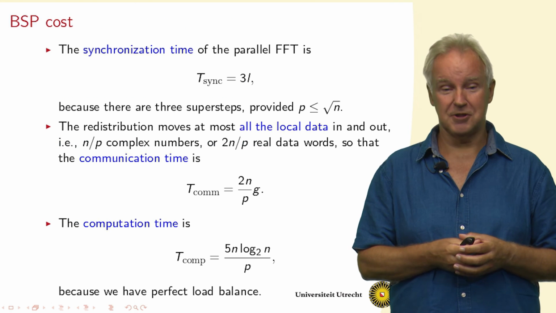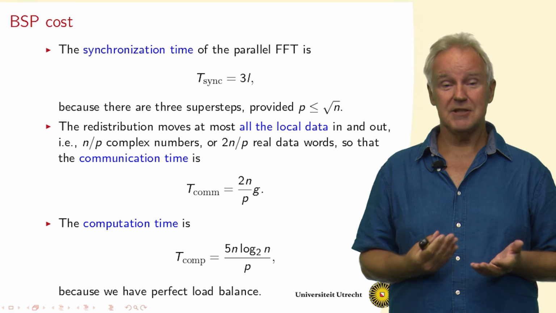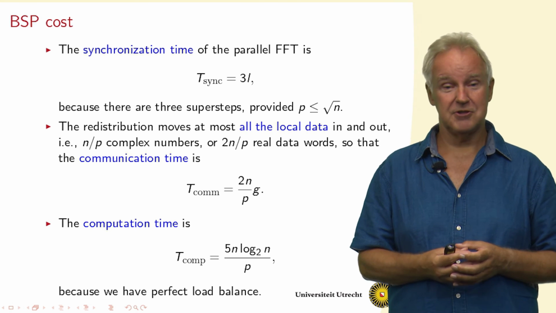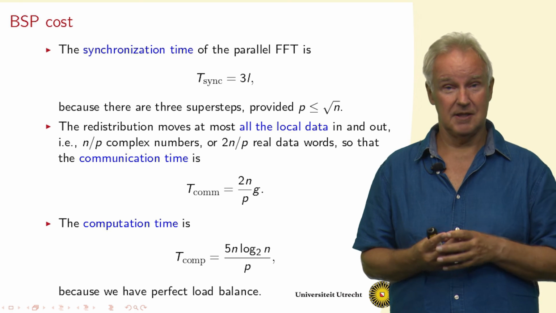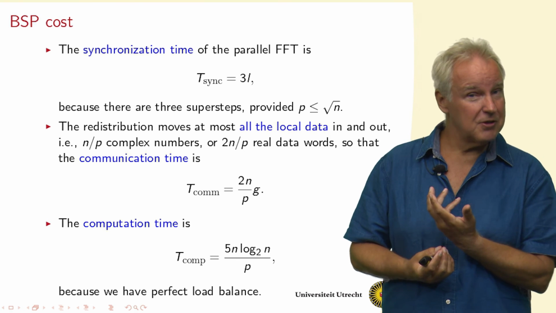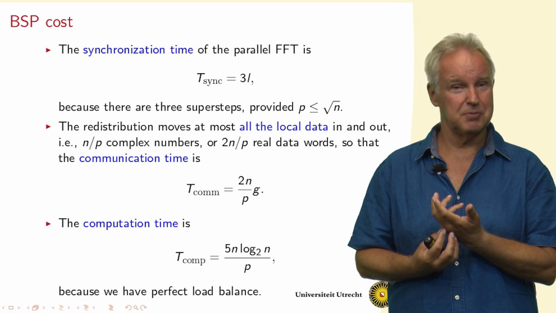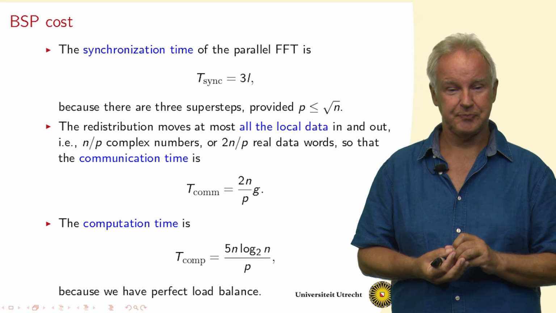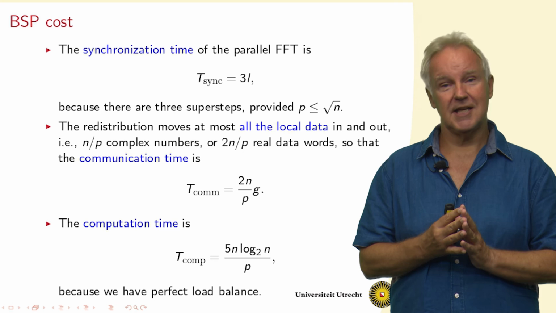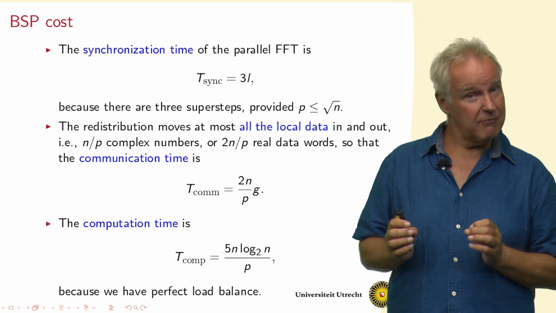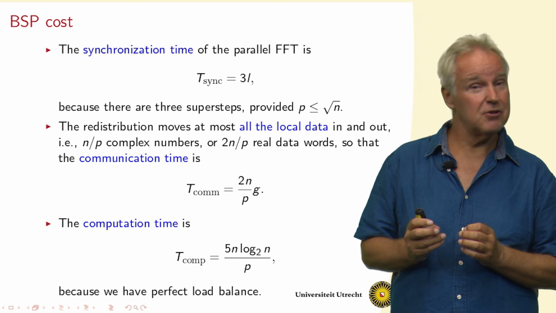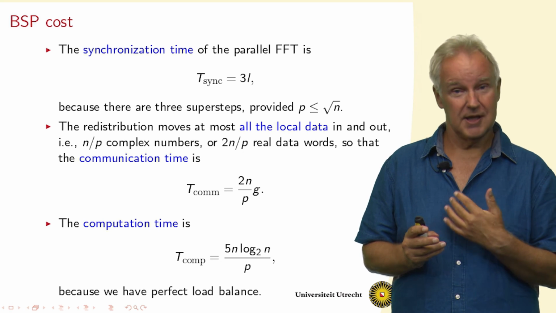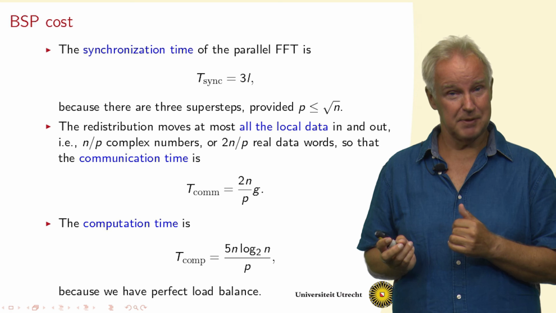So what is the total cost? We have 3 supersteps, so the synchronization time of this algorithm is 3 times L. And actually only one of those supersteps is a communication superstep. That's the bare minimum. The communication time, well, every processor has n over p values, and they're complex values. So it's each with a real and an imaginary part.